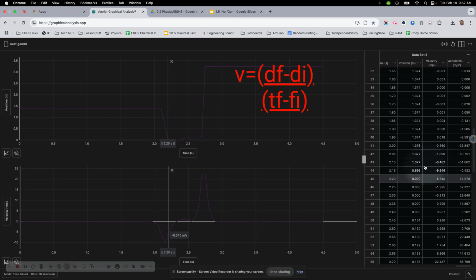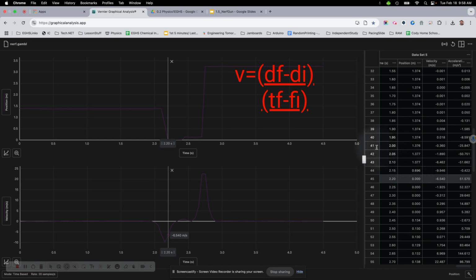So we're going to use the formula for velocity: velocity equals df minus di divided by tf minus ti. So in this example, the final time would be 2.20, and in all of these, in yours too, the final distance should be 0 because that is the point where the Nerf dart hit the Go Motion.